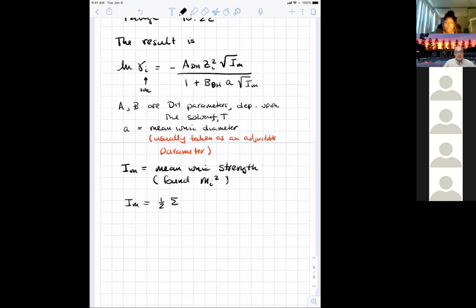That makes sense because we know Coulomb's law is Z1, Z2, so it depends on the square of the charge.